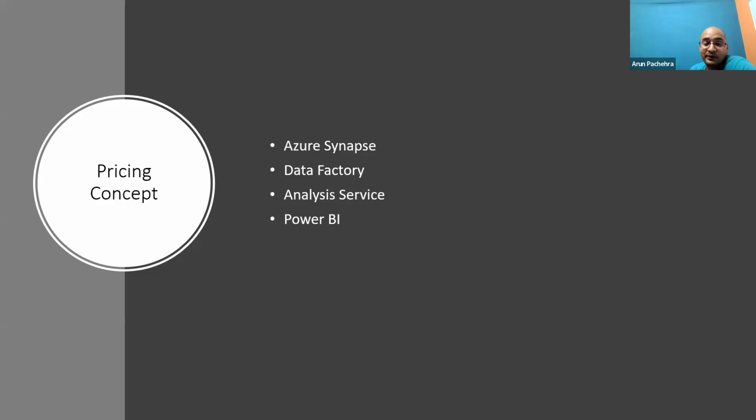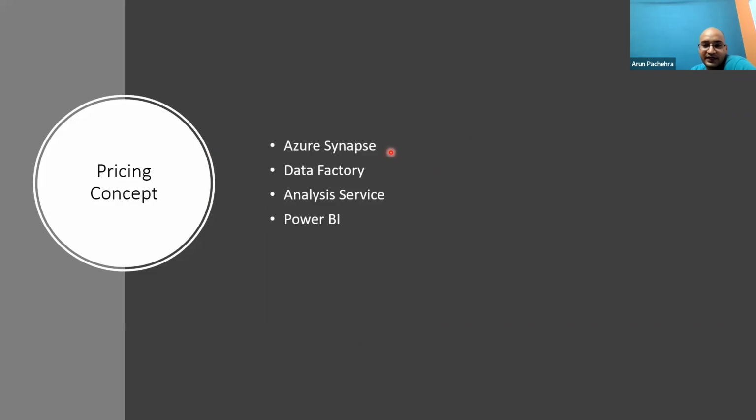You can plan a wonderful analysis services or more secure architecture, but yes, somebody has to pay. So cost is very important, and we do not want to waste a single penny unnecessarily, right? We have 4 services that we utilized in this architecture: Synapse, Factory, Analysis Services, Power BI. Let's see how they cost us and how we can save more.